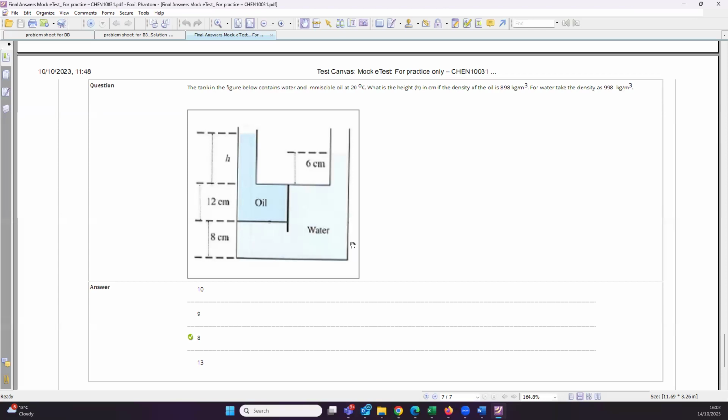So what you have to do is create points where you can solve this question. How can you do that? You know that the pressure at this point is, let me see, sorry.